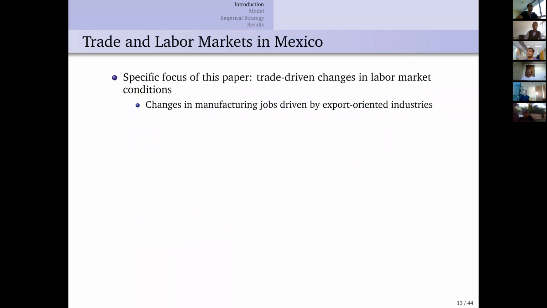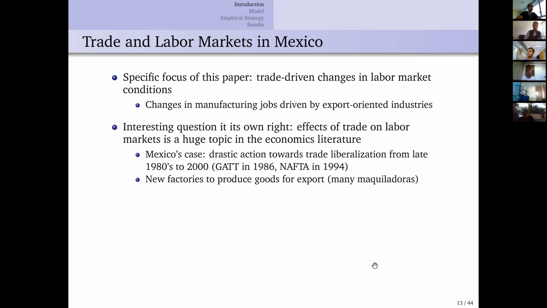Okay, and so I've mentioned that the specific labor market focus of this paper is going to be on these trade-driven changes in labor market conditions. Specifically, changes in manufacturing jobs driven by export-oriented industries. Now, we argue that this is an interesting question in its own right. There's a huge literature on the effects of trade on labor markets, and so clearly there's interest in this topic in general.